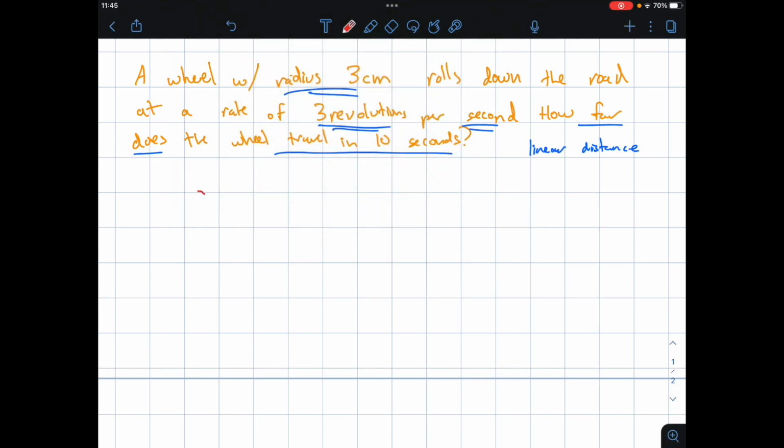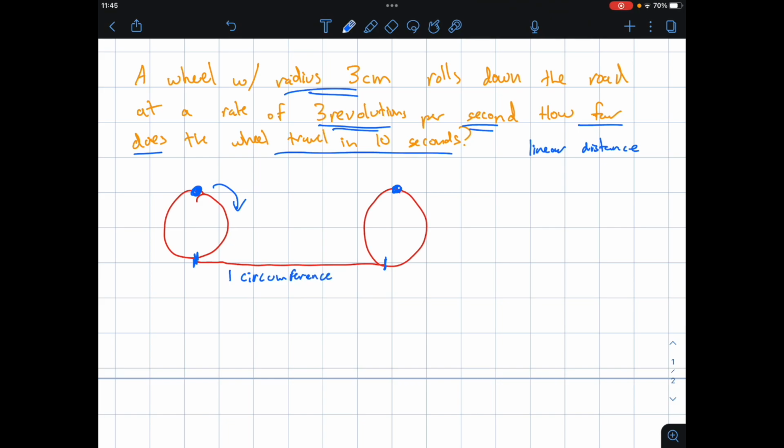So let's imagine this wheel sits here, and it's rolling down the road, and it makes one full turn. Here's a point on the wheel to mark it. Here's another point, and we make one full turn. How far did we go? The answer is going to be one circumference length.